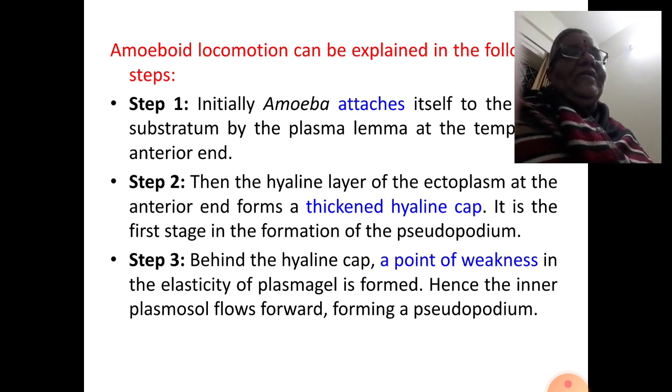That region becomes weak so that the sol can rush through and the pseudopodium can be formed. That is the only concept here. The inner plasma sol flows forward, forming the pseudopodium. The moment it becomes weak, the less viscous plasma sol simply rushes in that direction and the pseudopodium is formed.